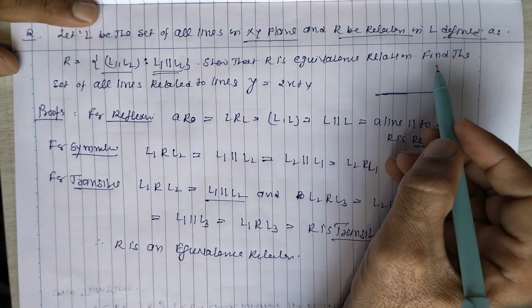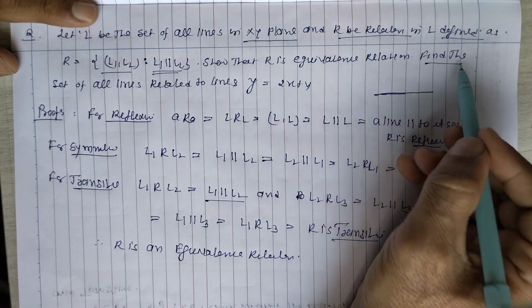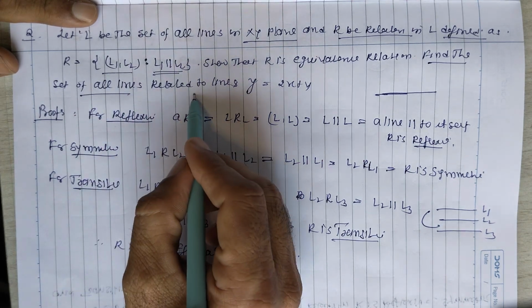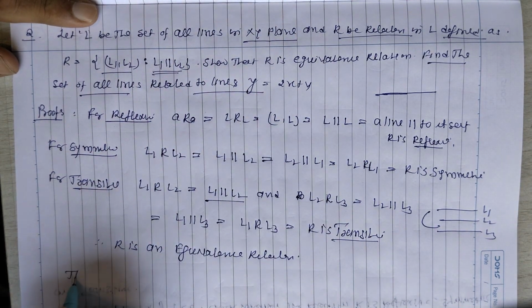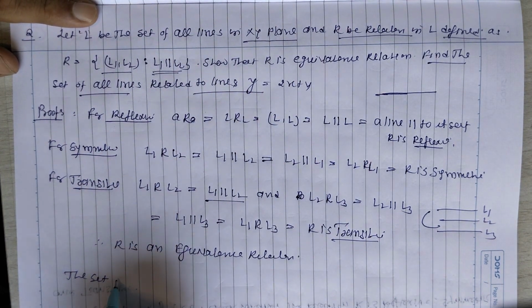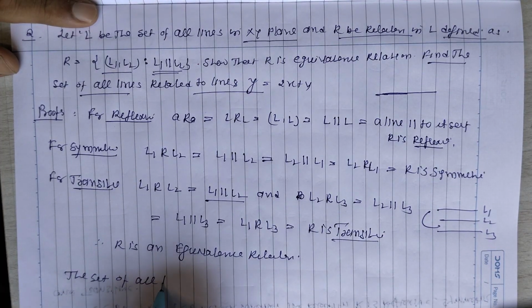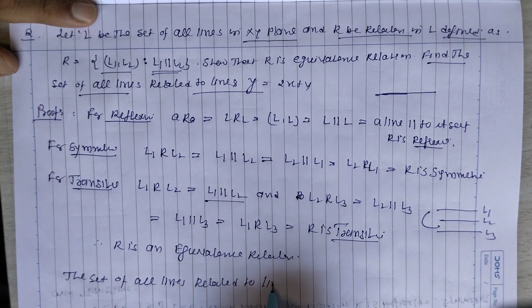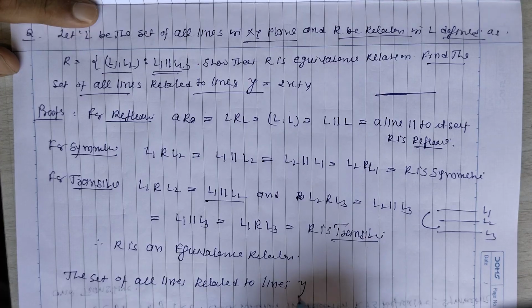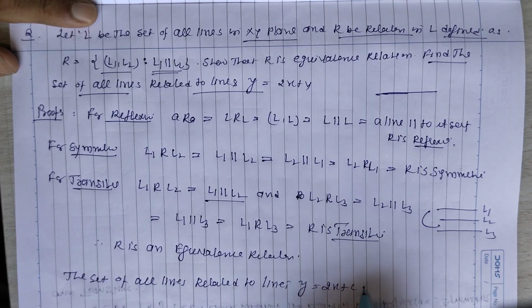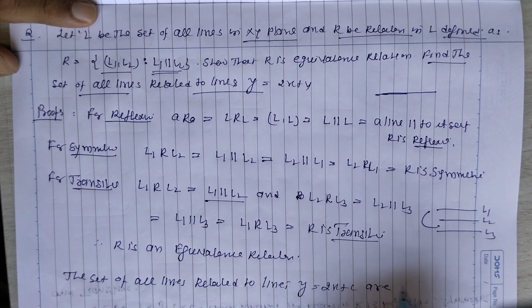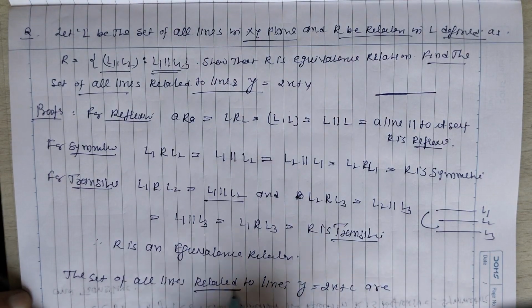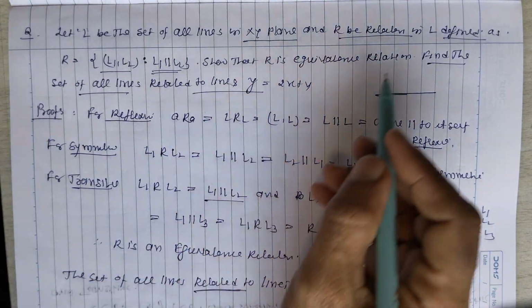Now we work on the second part. Find the set of all lines related to the line y is equal to 2x plus c. Here the word related represents the relation in this question.